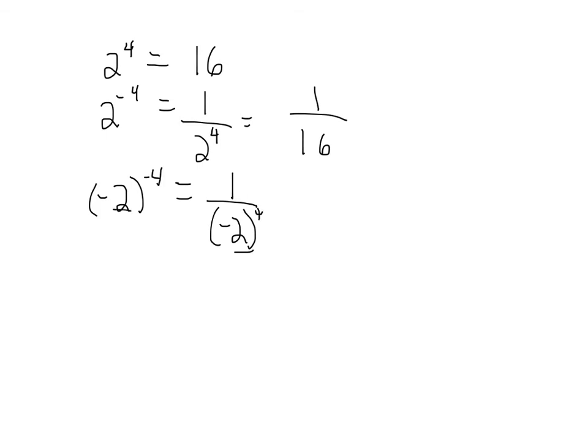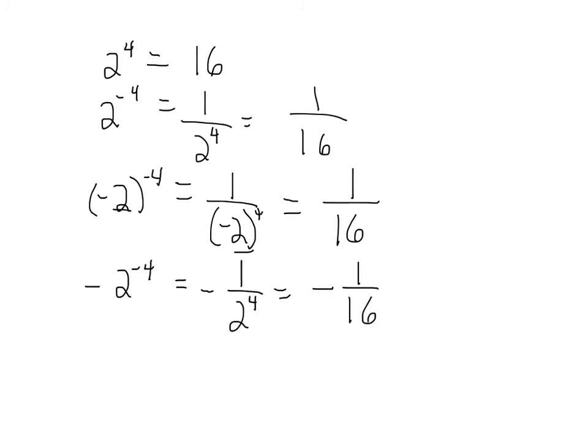And a negative number raised to an even power is positive, so that ends up being the same. But the opposite of 2 to the negative fourth power is the opposite of 1 over 2 to the fourth power, which makes it negative 1 over 16. With practice, it will all come to you.